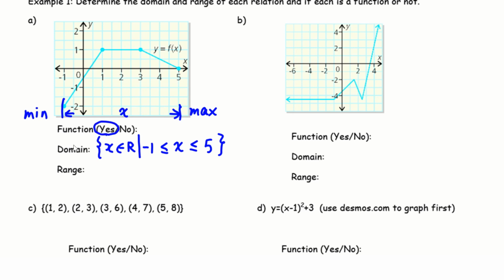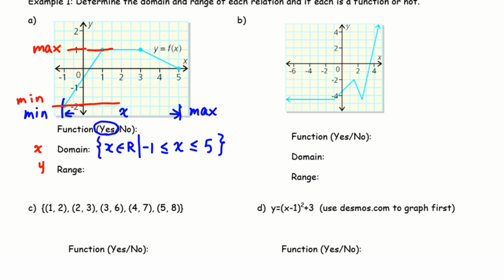Yes. So the range is for y. So this is for x, this is for y. For the range, we find out the lowest point of the graph and the highest point of the graph. This is a maximum for the y, and this is a minimum for the y.